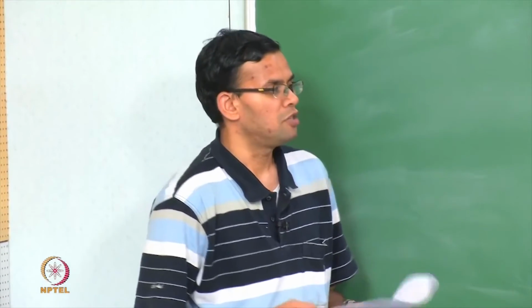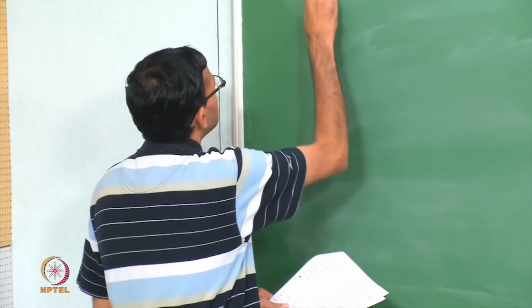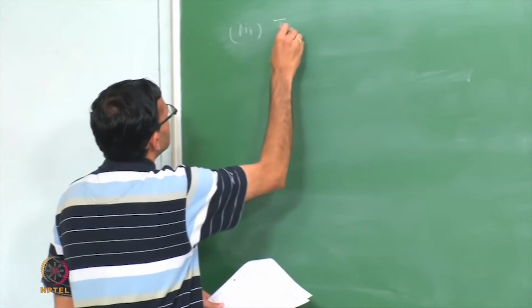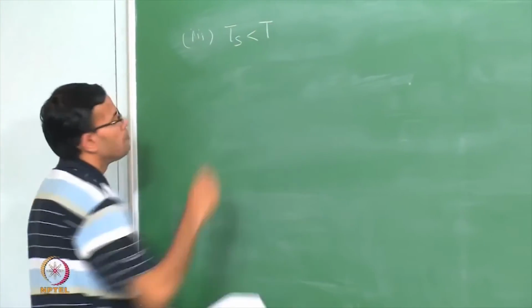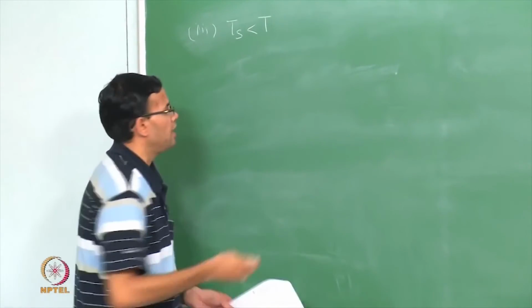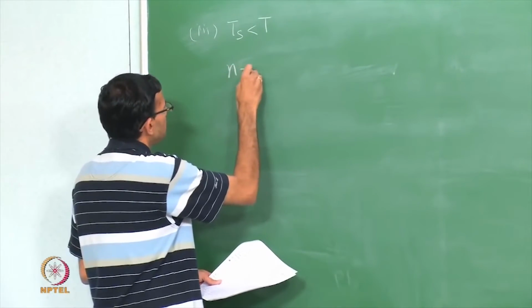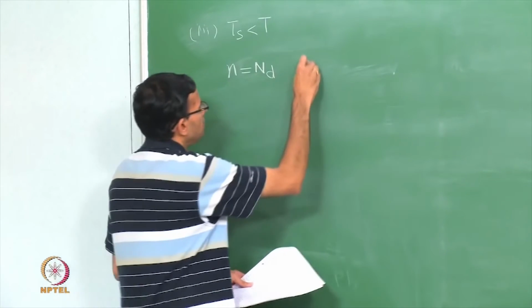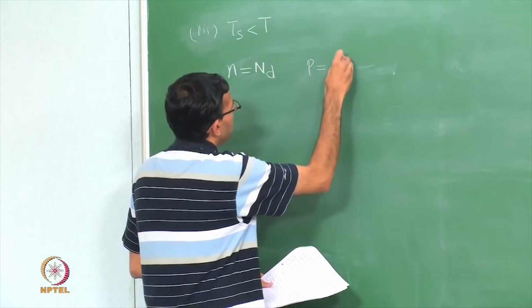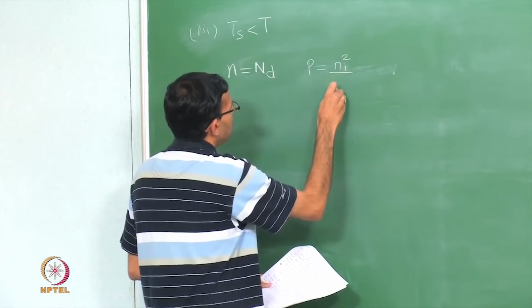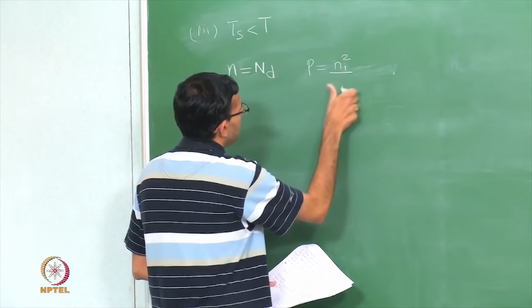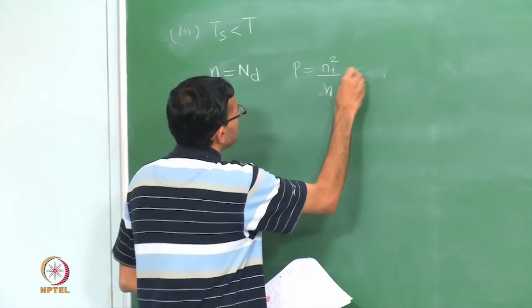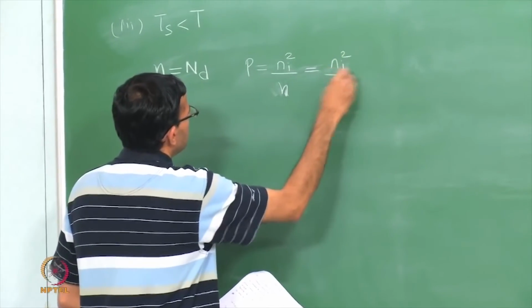So, above the saturation temperature, all the donor atoms are ionized, so that N is nothing but Nd and P would be Ni square over N, which is nothing but Ni square over Nd.